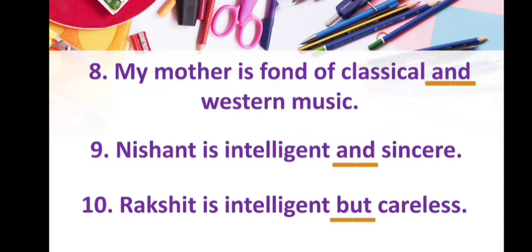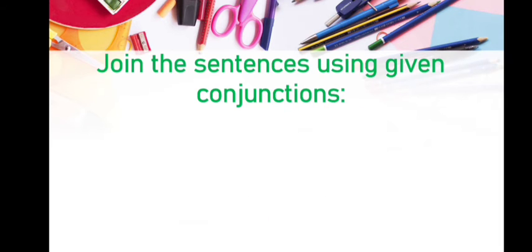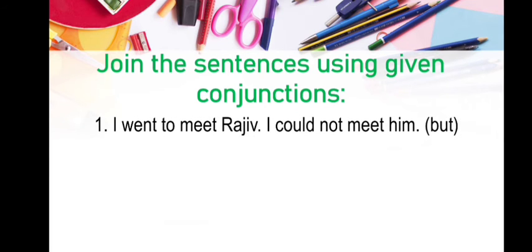Now let's move to the next question, which is join the sentences using the given conjunctions. Here you have to join sentences with the help of the given conjunctions. The first one is I went to meet Rajiv, I could not meet him.